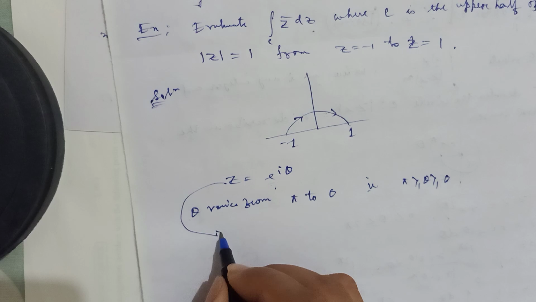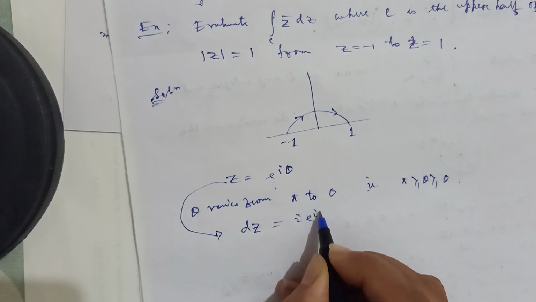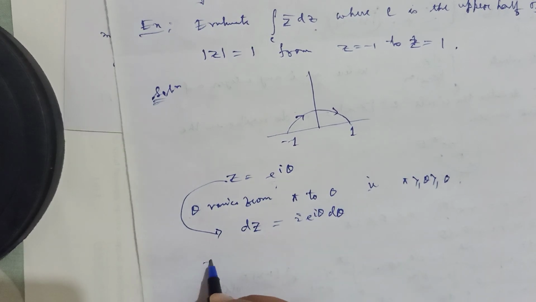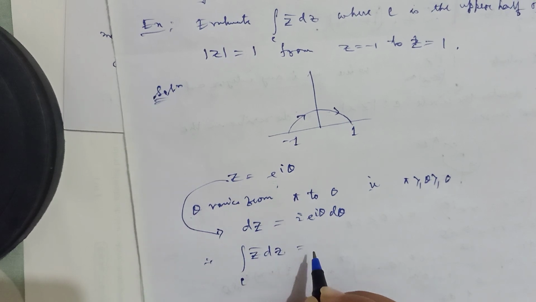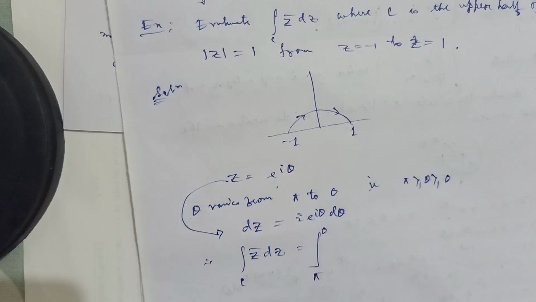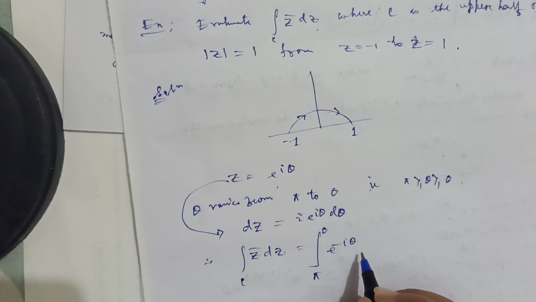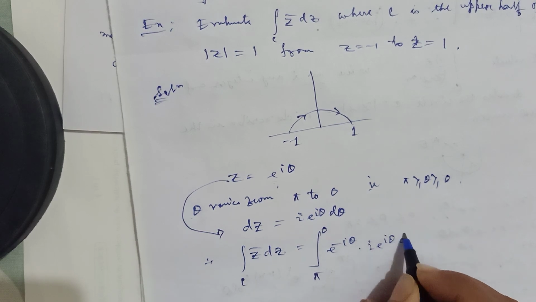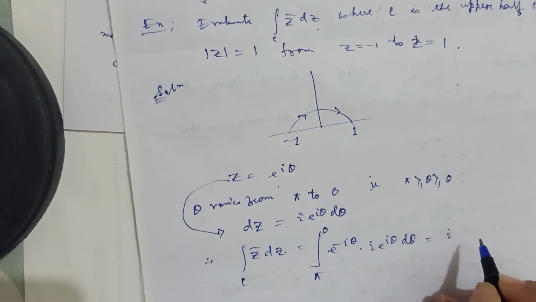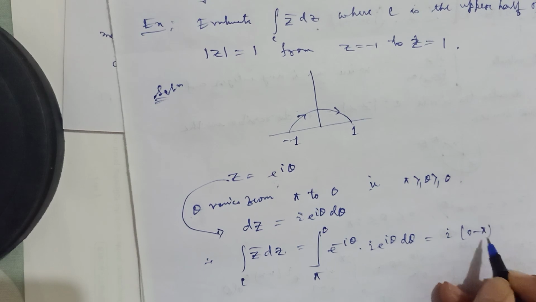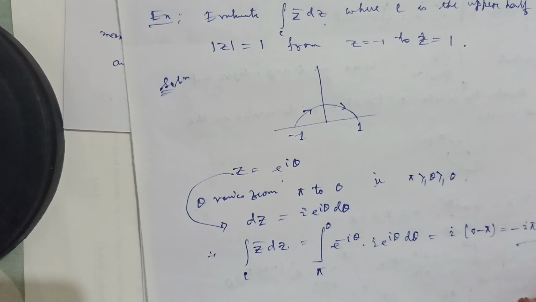So from here dz equals i e to the power i theta d theta, therefore the integration over c of z bar dz equals the integration from pi to 0 of e to the power minus i theta times i e to the power i theta d theta, that is equal to i(0 minus pi), that is equal to minus i pi. This is the result.